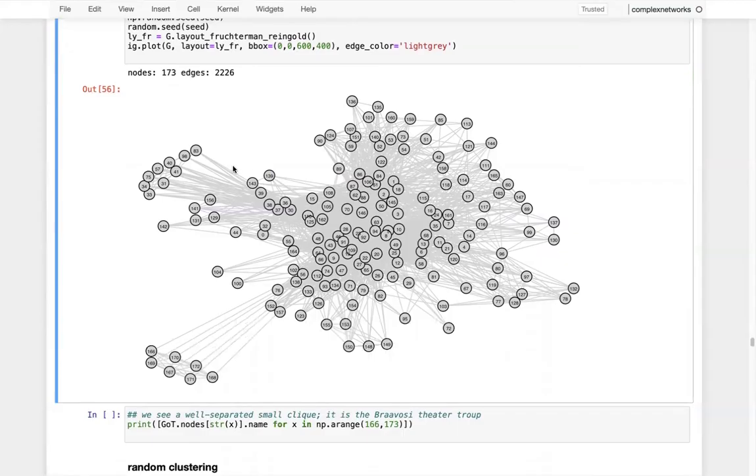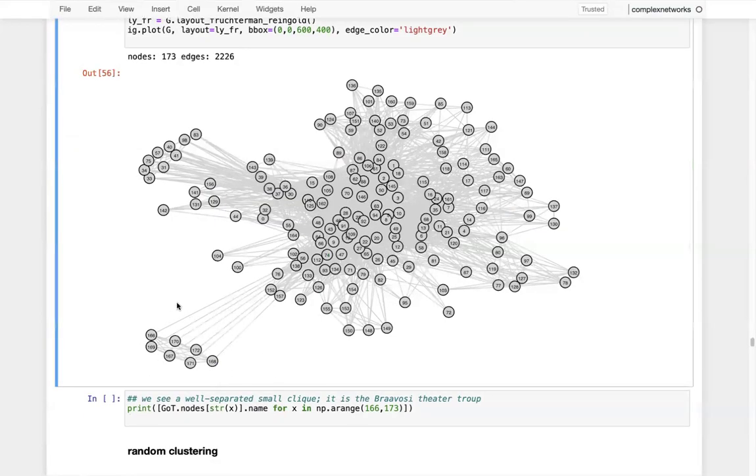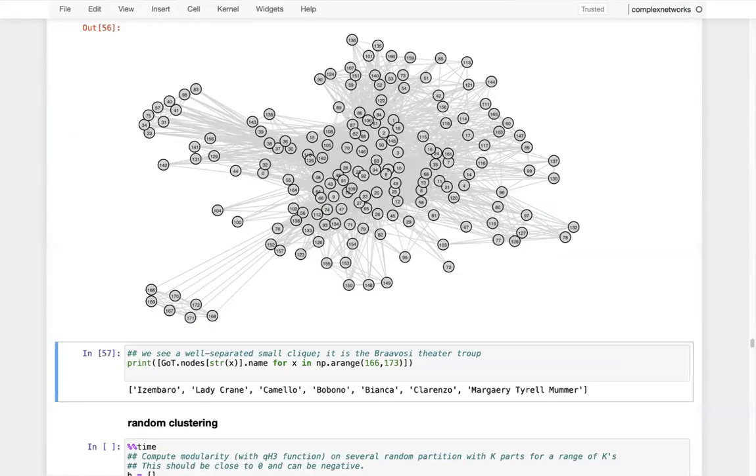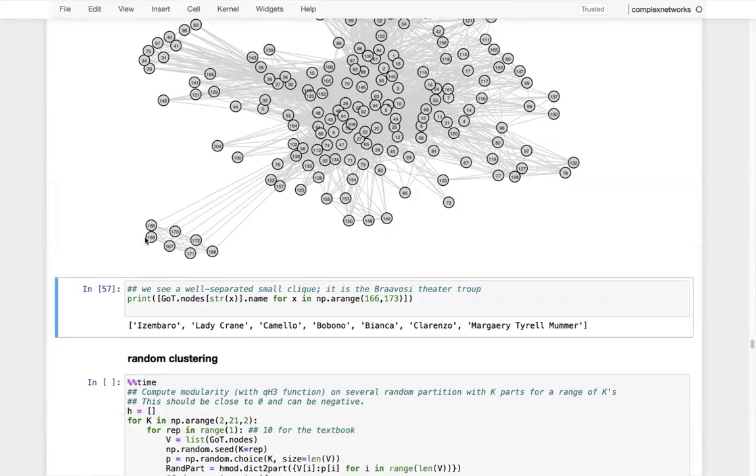You can see that we should be able to build some strong communities here. There are some groups that are pretty clearly going to be in the same community. For example, these nodes here form a well-separated clique, or almost a clique, that is actually a theater troupe in the series.